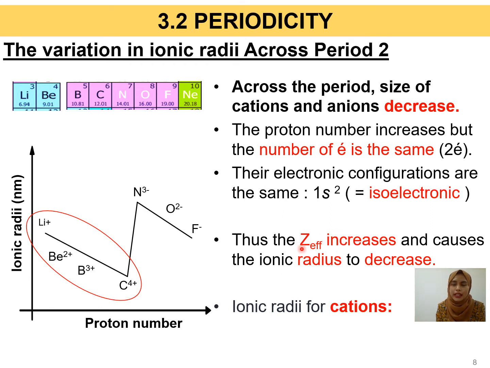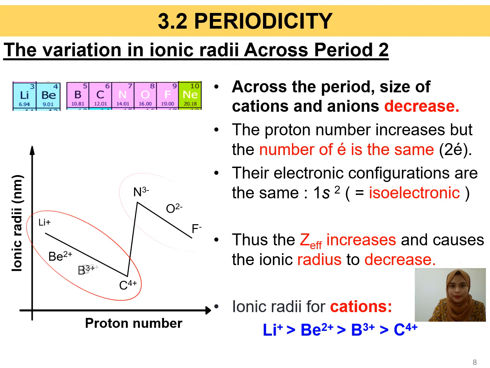If the effective nuclear charge increases, the attraction between the nucleus and the outermost electron is stronger, so the species tends to shrink. So if you want to arrange the ionic radii of the cations in this table, Li+ is the largest and C+ is the smallest.